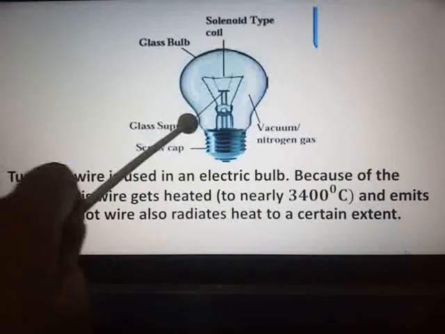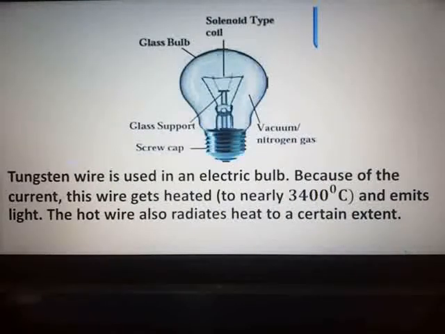We studied the electric bulb in detail last time, and I told you that in an electric bulb, the filament of the wire is usually made of tungsten. Why tungsten? Because this tungsten metal has the capacity of getting heated to about 3400 degrees Celsius, and the appliances or different applications of the heating effect need a large amount of heating.